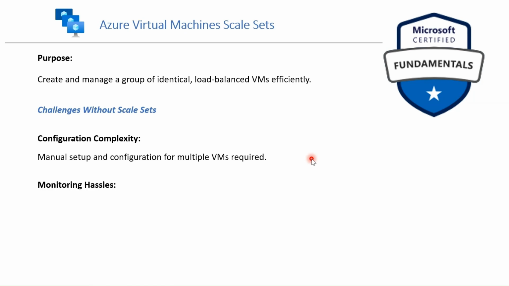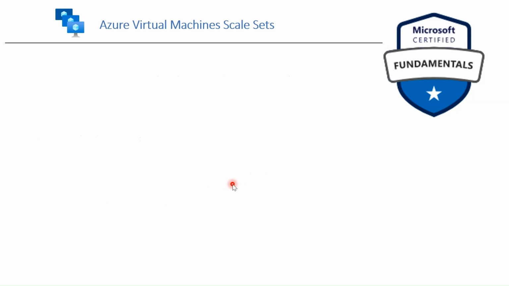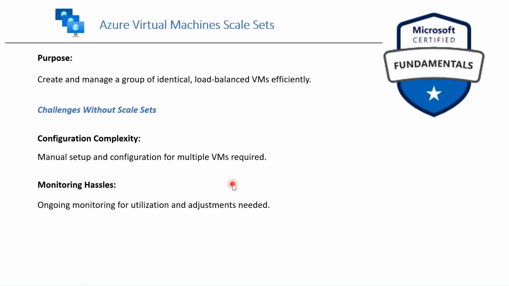And then monitoring hassles: ongoing monitoring for utilization and adjustment needed. You'll have to monitor all those 15 VMs without a scale set. That would also be a pain point. Those are the challenges that one can potentially come across if there were no scale sets.